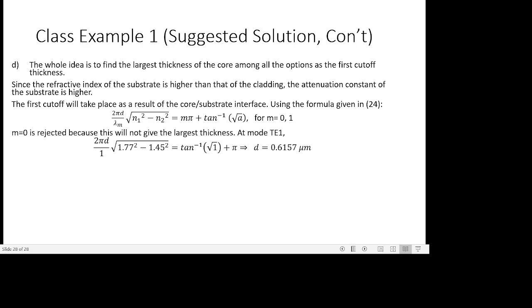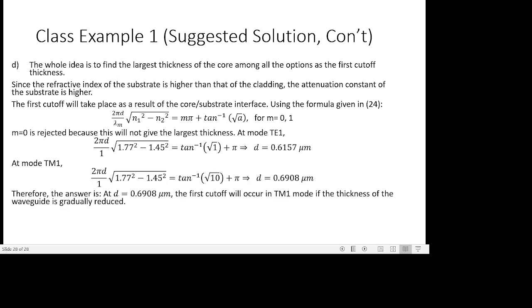Now we are going to look at TE1 mode, and with TE1 mode we end up with a thickness of 0.61 for the cutoff. Now we turn our attention to TM1 mode, and we find out the thickness is going to be 0.69.